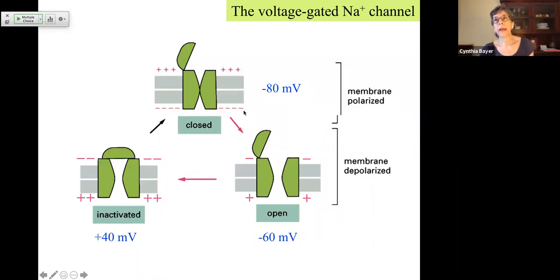If a stimulus, an electric current, for example, an electrical stimulus, causes a change in this electrical difference, we say that the membrane becomes depolarized. First, we would have fewer negative charges relative to the positive charges, and eventually might even have more positive charges inside than outside.